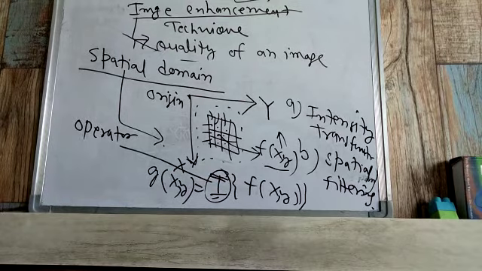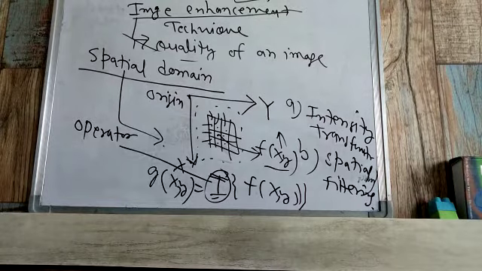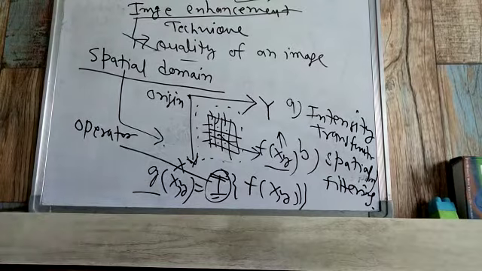What you are doing here is mapping your intensity value at x, y with some operator and trying to get back some g of x, y. Clear?